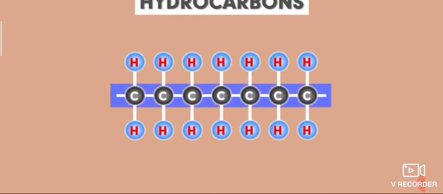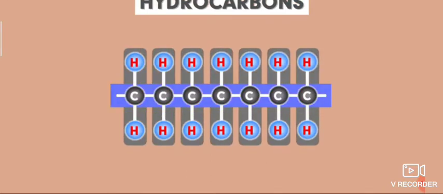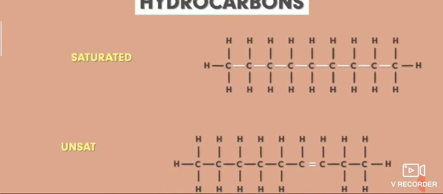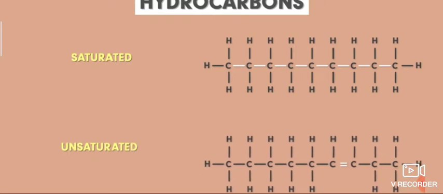When you see this, 7 carbon atoms are there, and all those 7 carbon atoms are combined with hydrogen atoms. If it contains single bonds, it is saturated, and if it contains a double bond, it is unsaturated.